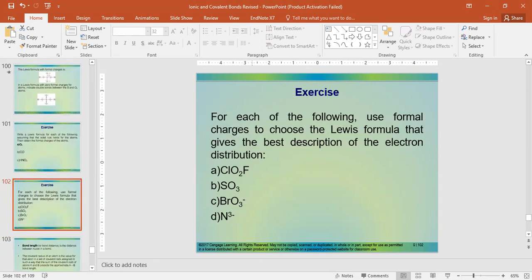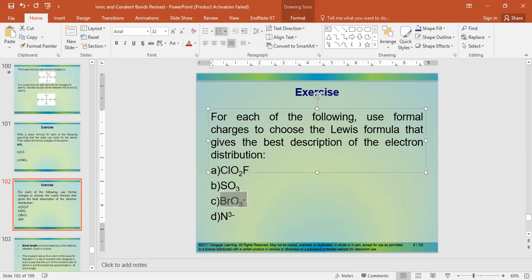Now, this particular compound here, the first thing is to write the possible resonance structures, just like we did for the carbonate.